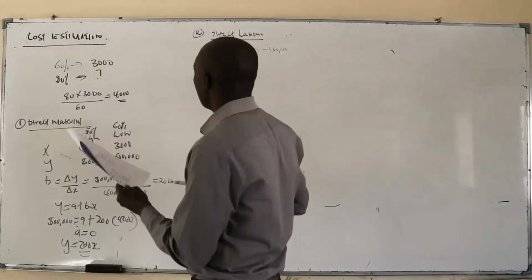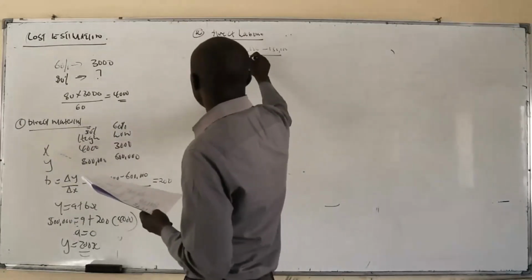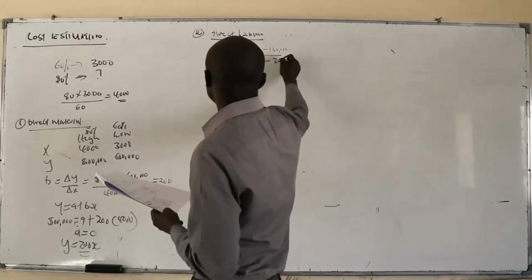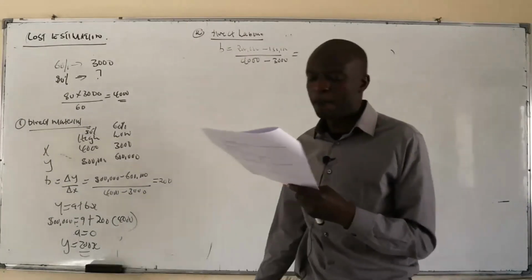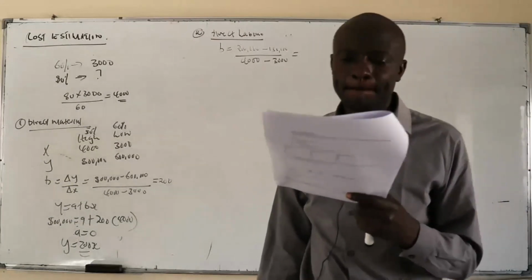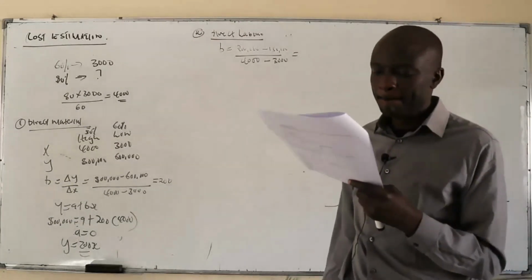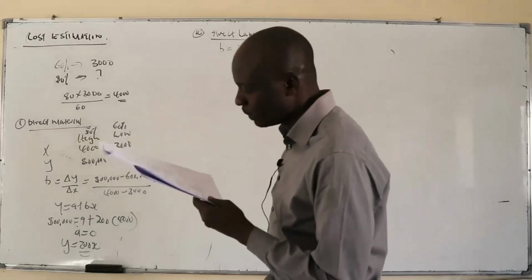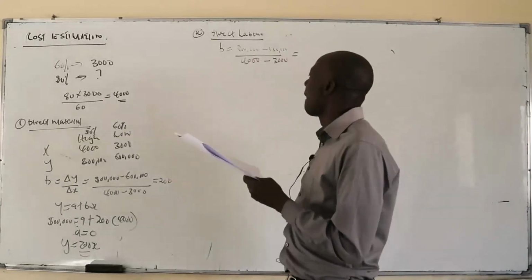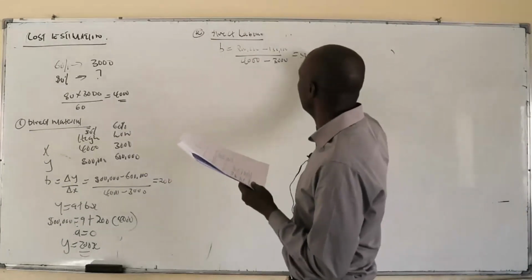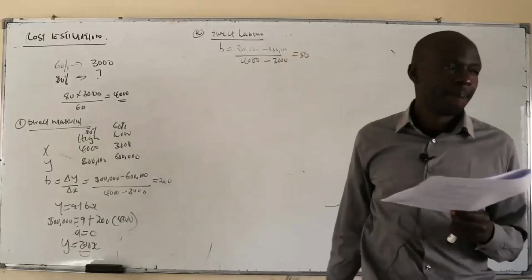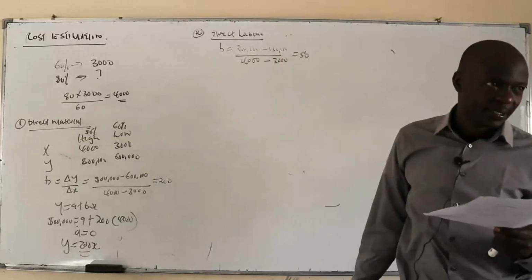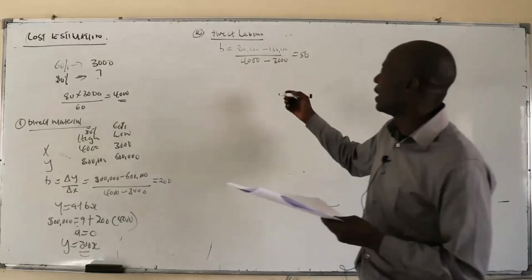And then we divide over 4,000 being the highest units and 3,000 the lowest units. So what do you get? You get 50. Now we want to get the A.